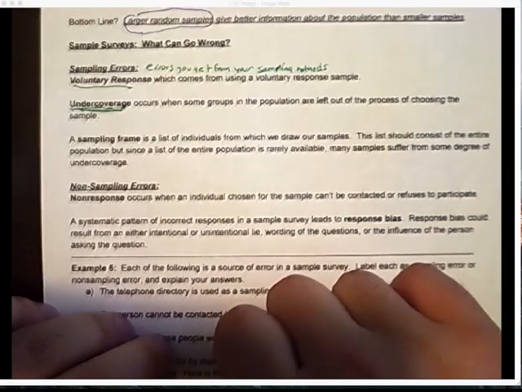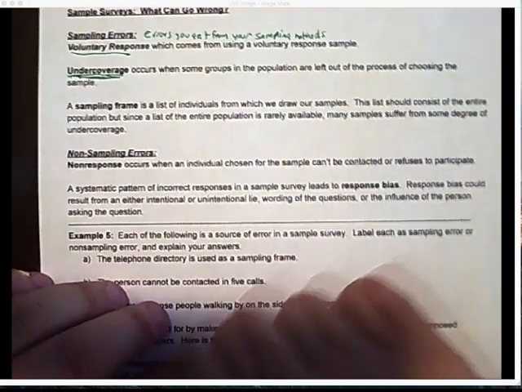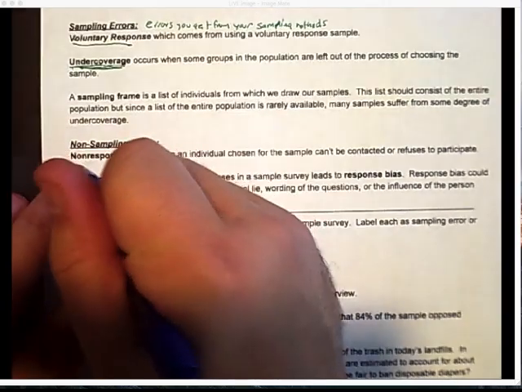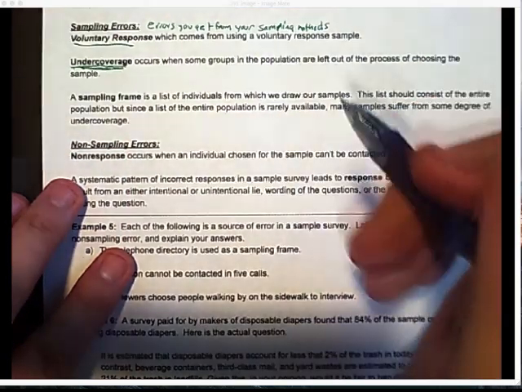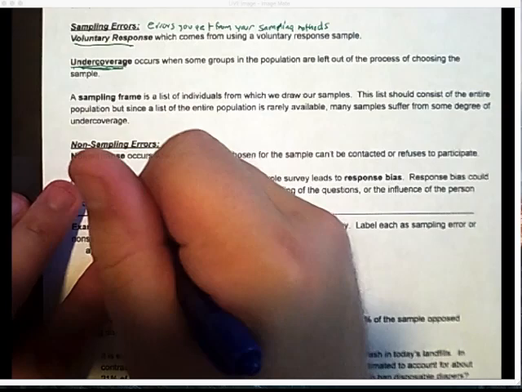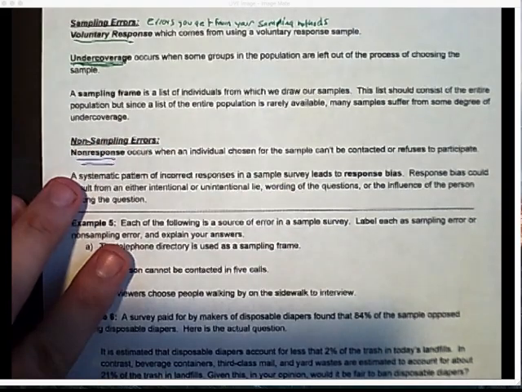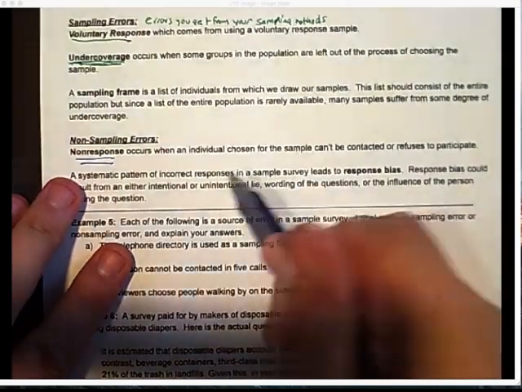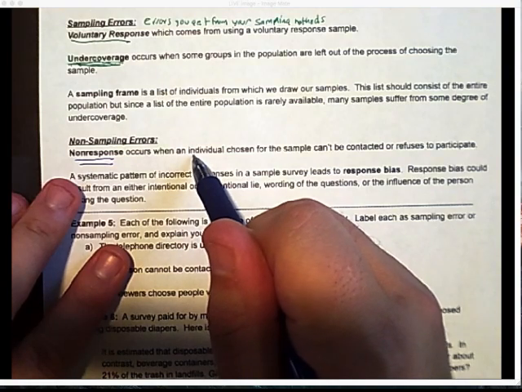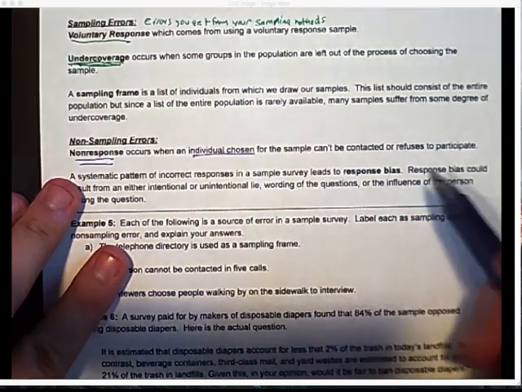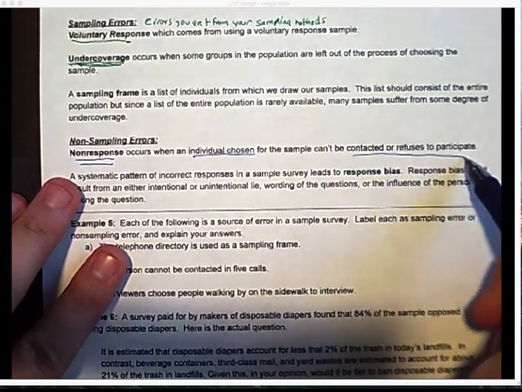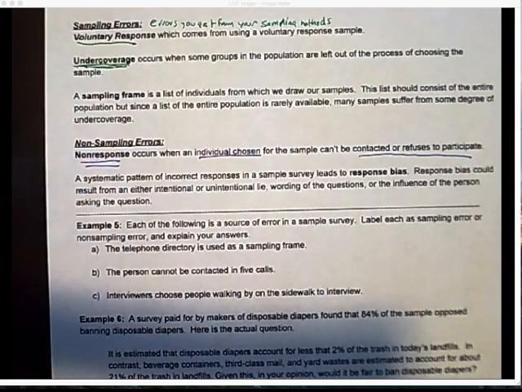Now, there are other types of errors that aren't associated with how you sample. Maybe your sample was really good. You still could have other types of errors. So non-sampling errors are errors that don't come from your sampling method. Non-response error: we choose somebody, but they can't be contacted or they don't want to participate in our sample.